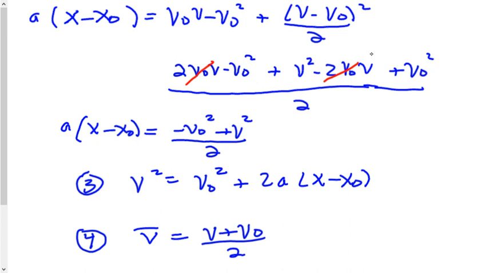What does that do? It allows me to cross off these two here, and I'm left with (x minus x naught) times a equals minus v naught squared plus v squared over 2. I'm going to take 2 to the other side, rearrange things, and I'm left with v squared equals v naught squared plus 2a times (x minus x naught).